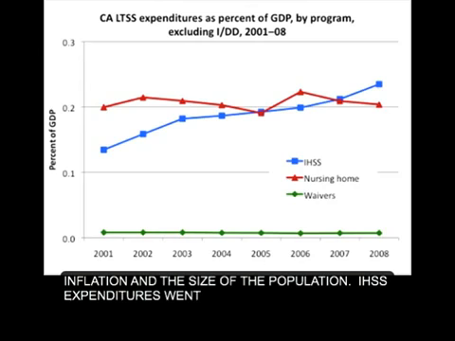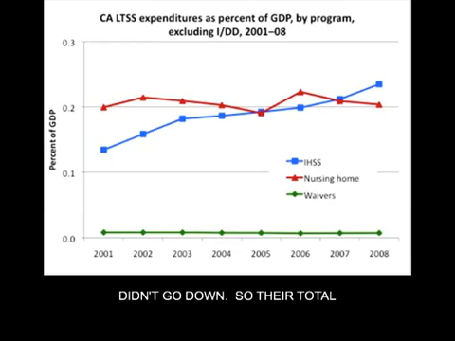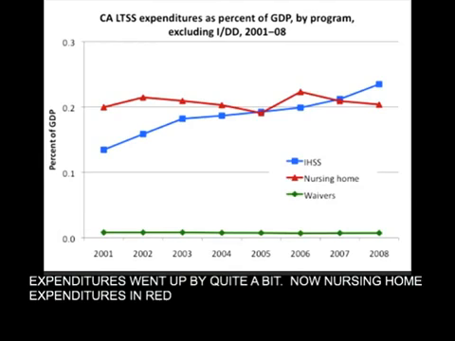It kind of adjusts for inflation and the size of the population. IHSS expenditures really did go up quite a bit. So there were more people getting services, and the cost of services certainly didn't go down. So their total expenditures went up by quite a bit.